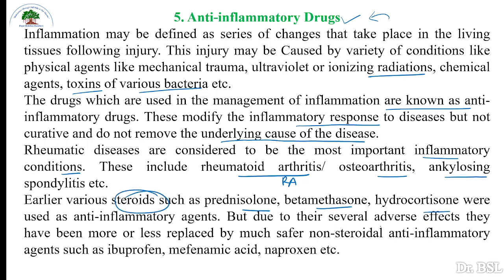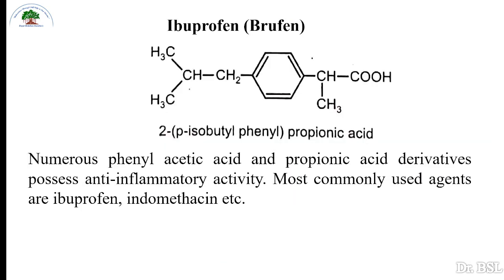But due to their several adverse effects, they have been more or less replaced by much safer non-steroidal anti-inflammatory drugs, NSAIDs, such as ibuprofen, mefenamic acid, naproxen, etc. So ibuprofen, it is commonly known as brufen.